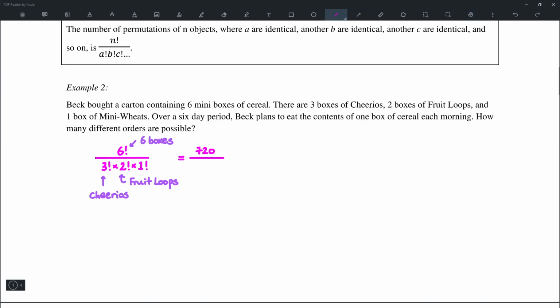And we know that 3 factorial is 6. 2 factorial is 2. And of course, 1 factorial, just 1. So really, we just have 720 divided by 12. And that will give us 60 permutations. Or 60 orders if we were to use the wording from the question.